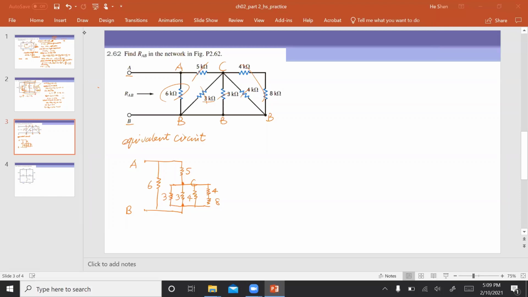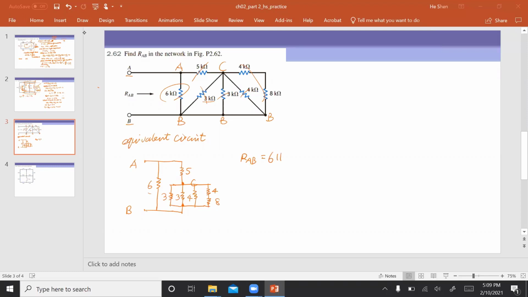So I'm drawing the equivalent circuit, trying to keep everything the same as what's in the original circuit. So now we can see the connection. We can simplify the circuit to find RAB. So look at RAB. This is 6. It's in parallel with the whole rest of the circuit, right? So this is 6.